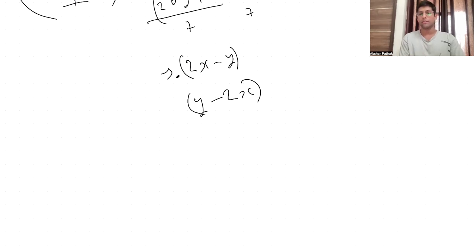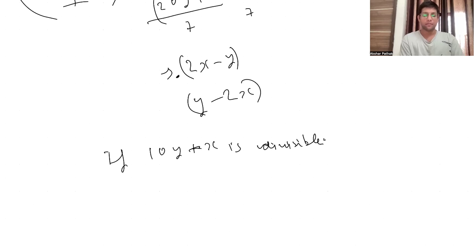Now it's just a cakewalk. You just have to analyze what you wrote initially. So we started from 10y plus x. We know if 10y plus x is divisible by 7, then y minus 2x must be divisible by 7.